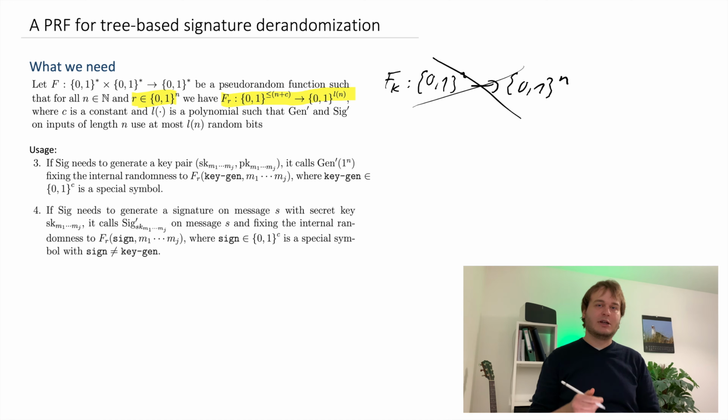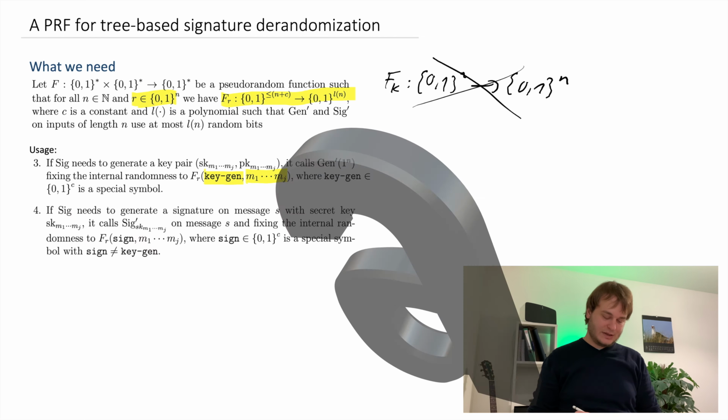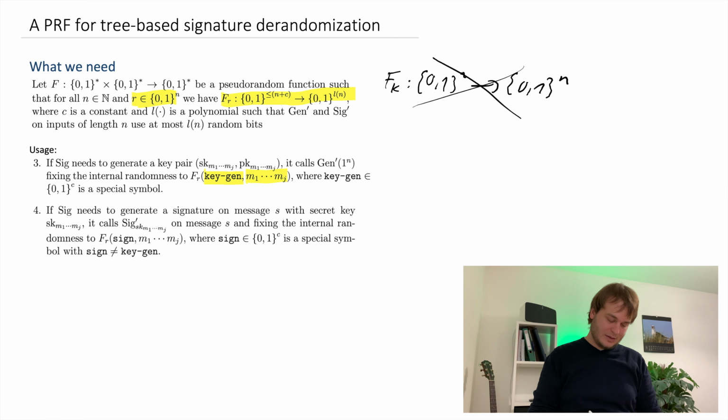Essentially, if we're generating a key for the node called m1 through mj, that's just the name of the node in the tree, then we call the PRF using this constant keygen in the beginning, and then the name of the node. If we want to generate a signature, we call this PRF with the name of the node and the prefix sign.